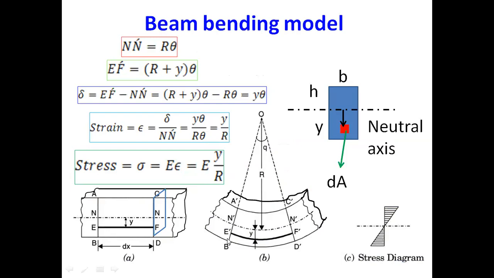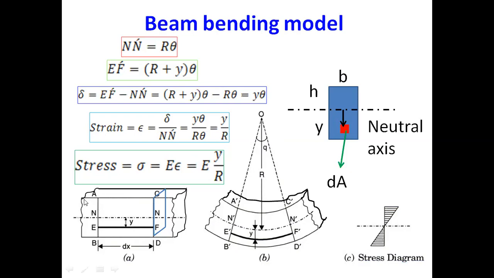If we extend the lines T dash and C dash, these two would intersect here, which means that this is the center of curvature for this radius R. About the neutral axis, let's say R is the radius of curvature, and this angle is theta, the angle subtended by these two lines, which were initially vertical.